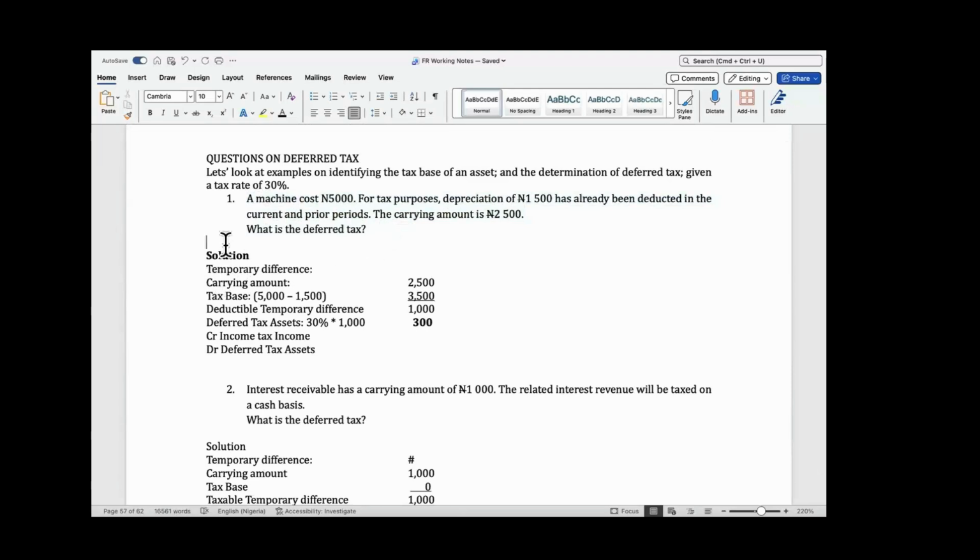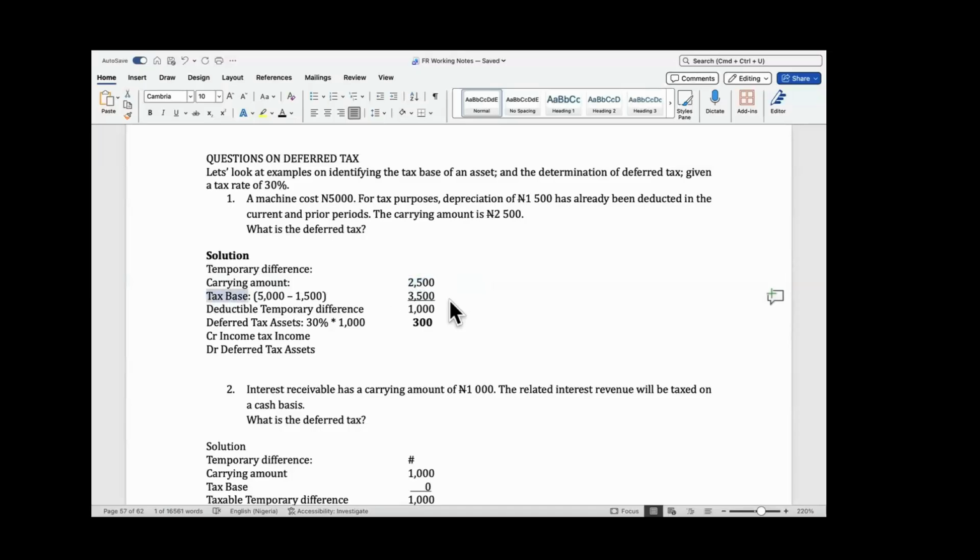Maybe this is it. This is an example here that we did: a carrying amount of this asset of 2.5, and a tax base of 3.5. Somebody will ask the question. I said the interpretation of this, as far as income tax is concerned, this carrying amount means the amount of depreciation, accumulated depreciation, you would put in your books, the amount of depreciation you would charge in your books in the future.